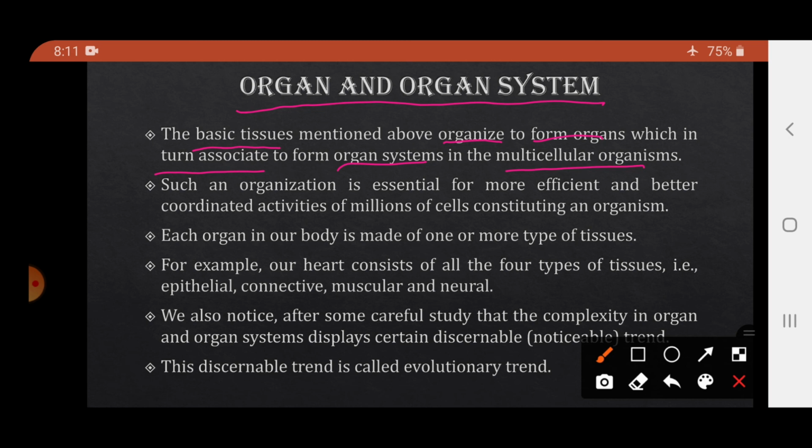So tissues बन गए, tissues क्या बनाएगा? Organs. Organs क्या बनाएगी? Organ systems. And organ system finally क्या बनाएगा? Multicellular organism. Such an organization is essential for more efficient and better coordinated activities of the millions of cells constituting an organism. कोई भी organism millions of cells का बना है। As millions of cells are present, proper coordination होना बहुत ज़रूरी है। And ये coordination हुआ कैसे?